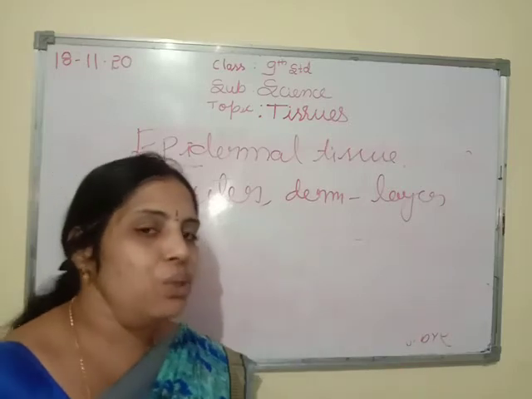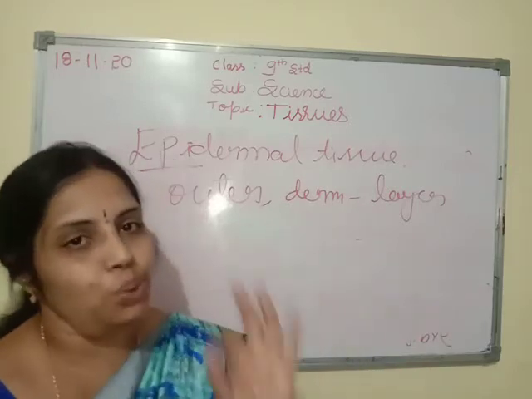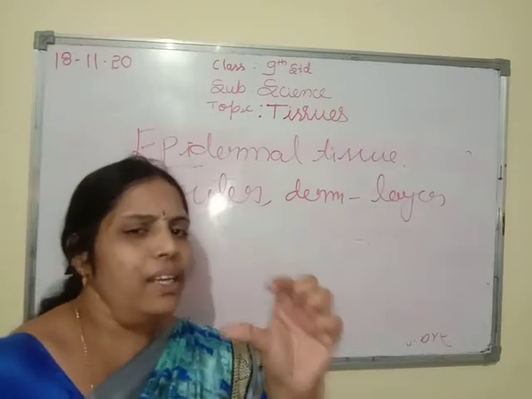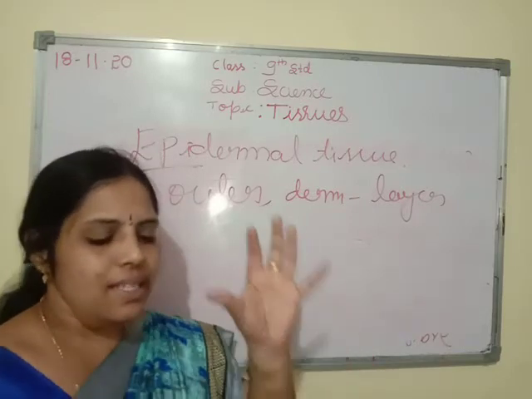What kind of tissue is it? Epidermal tissue. This tissue is made up of tiny pores and tiny simple cells.